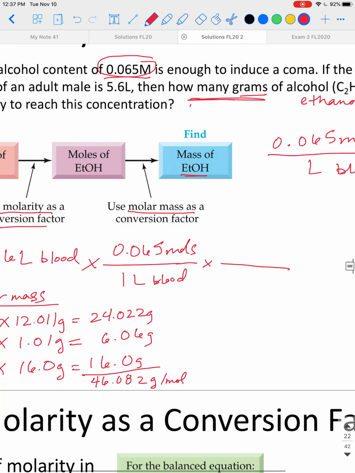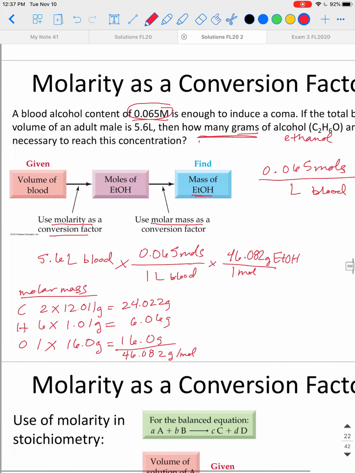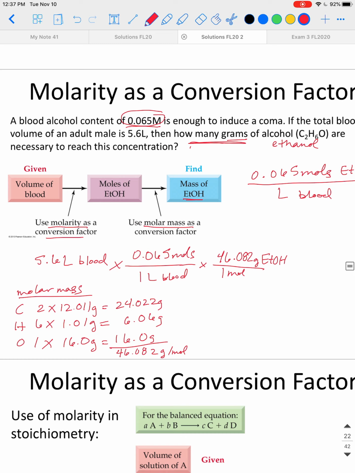So now we want to know how many grams of alcohol, remember, which is ethanol. We're going to plug it in so that moles cancel. For every 1 mole of alcohol, you get 46.082 grams of alcohol or ethanol. So now we just do the math.